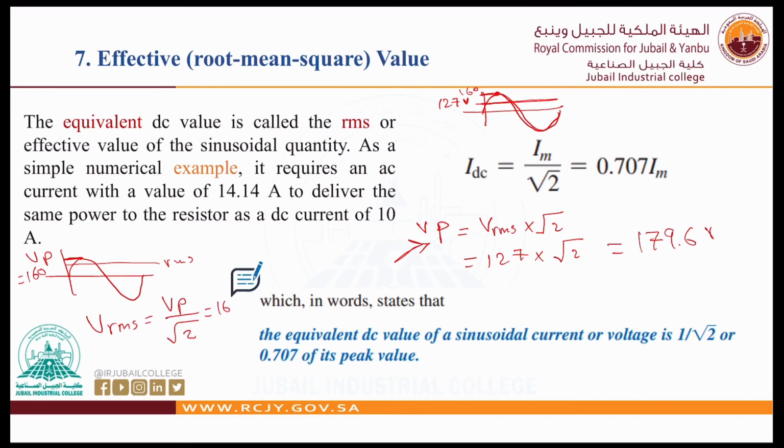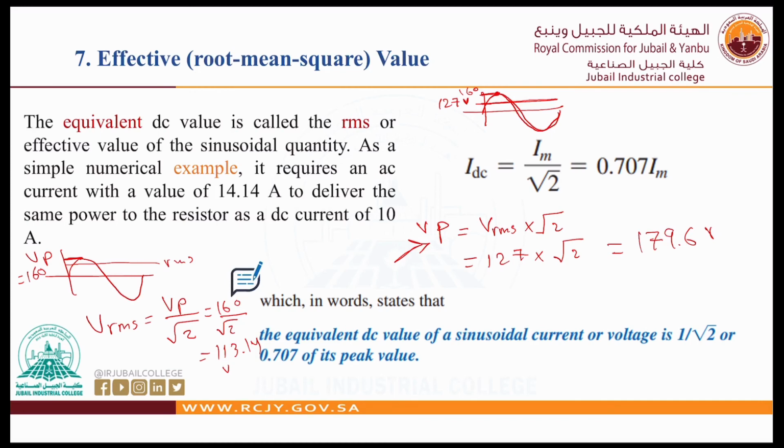V peak is 160, over root 2, is equal to 160 divided by root 2, which is 113.14 volt. Guys, this is how to do the conversion between V maximum, V peak and V RMS.